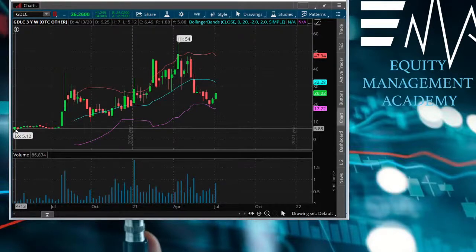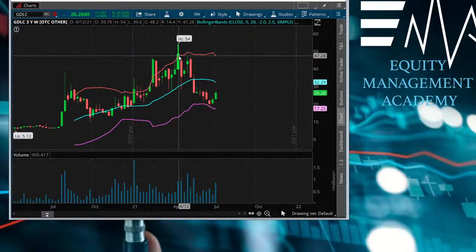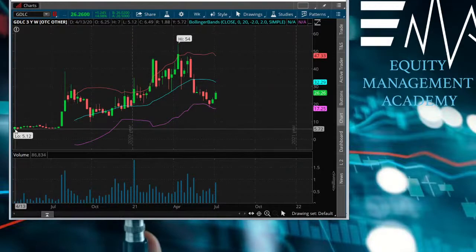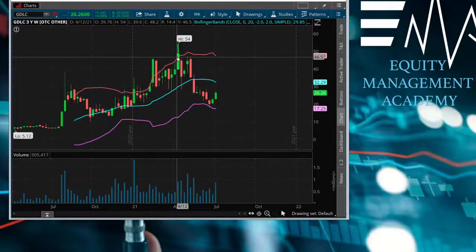From April 13, about a year, it went from 5.12 to 54. So let's do the math. 5 to 50, right? That's a 10 to 1 return. That's a 1,000% return in the last 12 months.